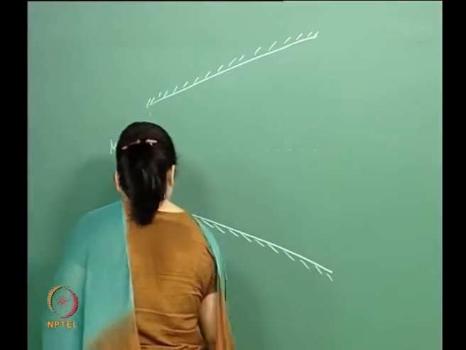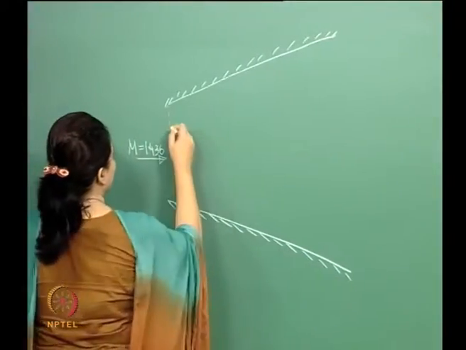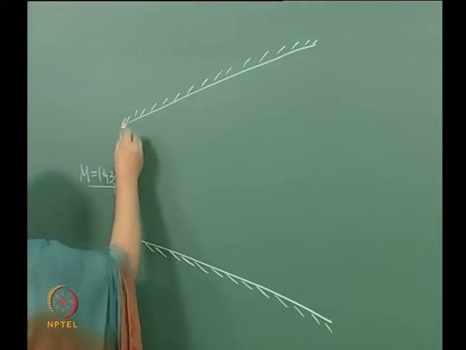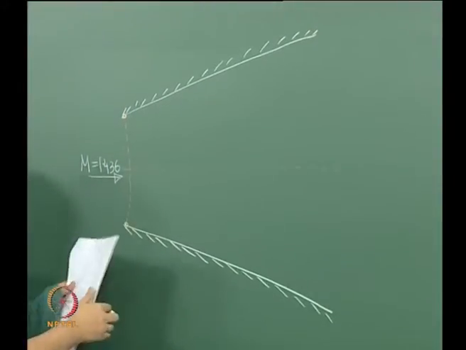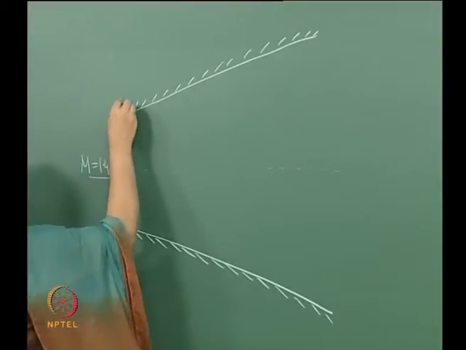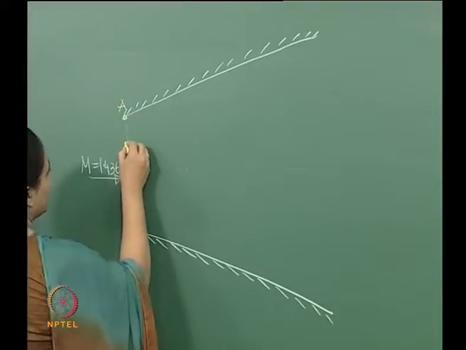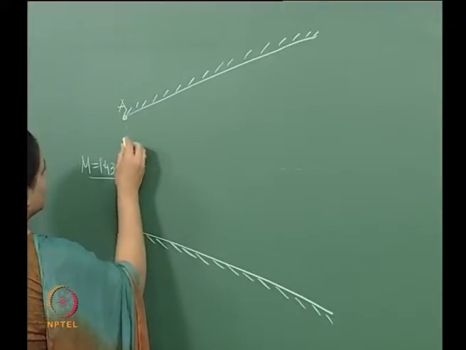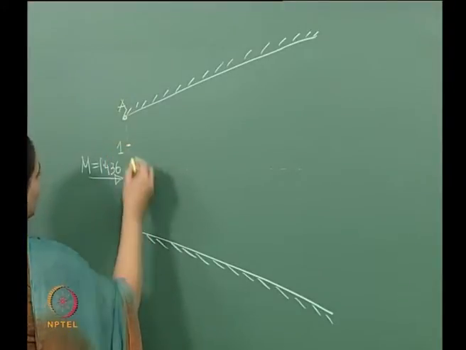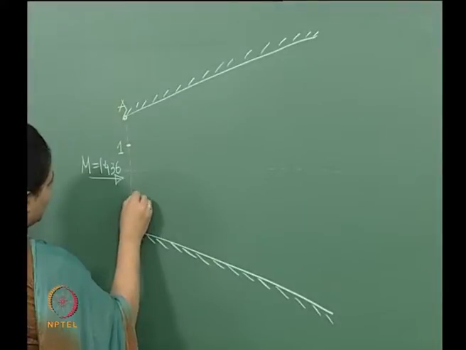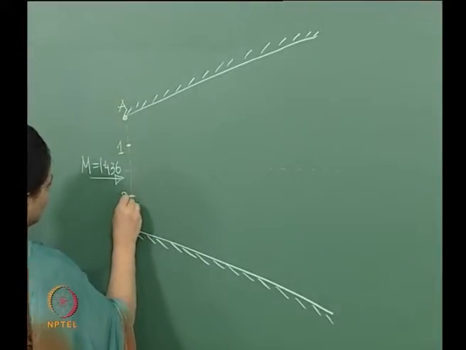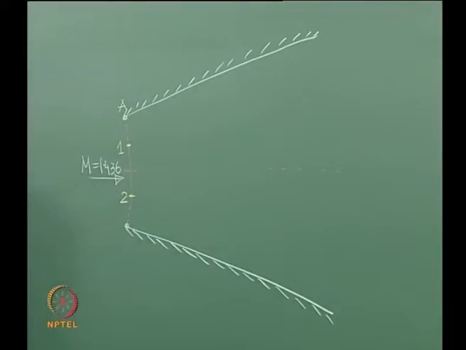Let us consider these 2 points. I'm going to call this A. I'm going to take a point out here which is 1, and a point out here as 2.